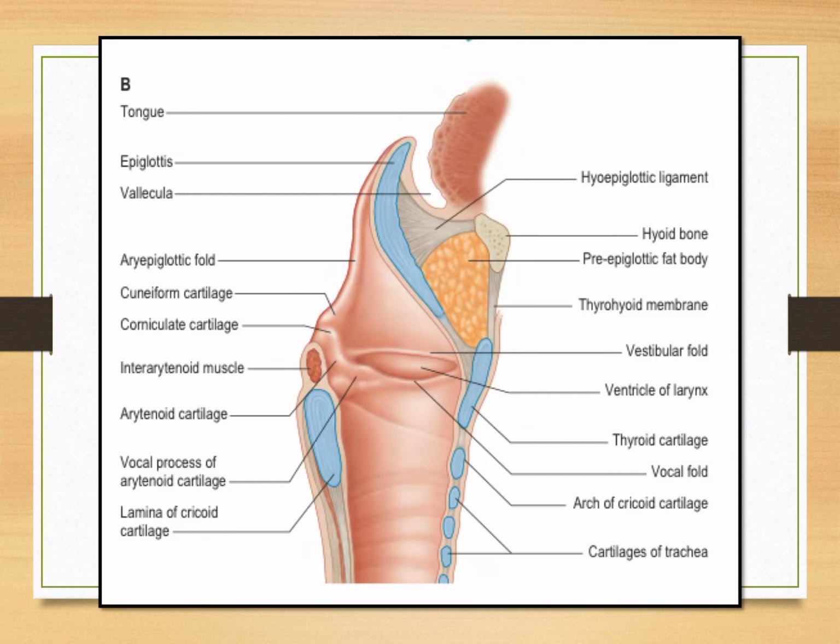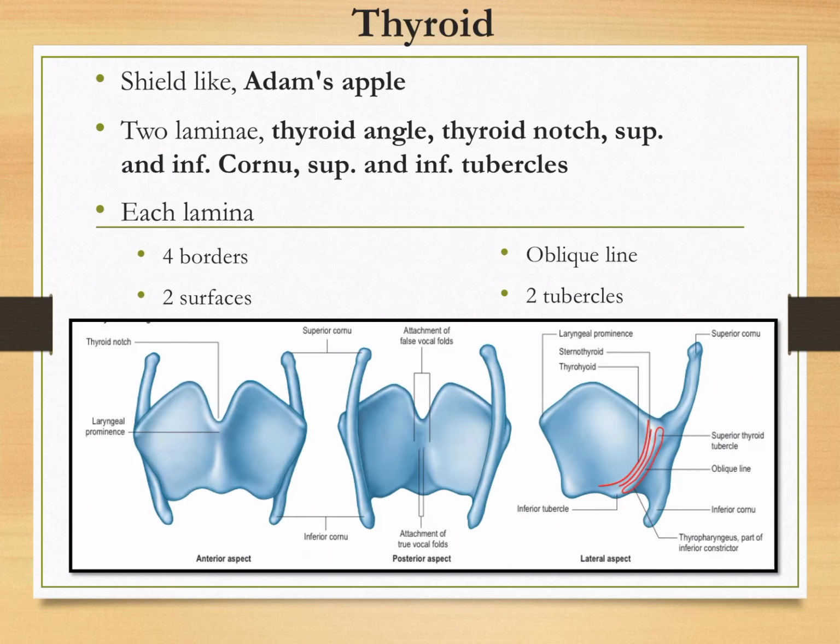Haha. Okay, the thyroid cartilage. Now thyroid means shield-like, just like the gland. The thyroid cartilage is also known as Adam's apple by non-anatomical people. And the cartilage has a peculiar shape. It's actually formed by the fusion of two quadrilateral laminae.